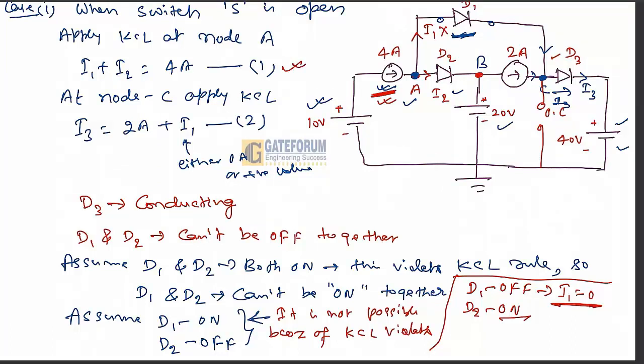So here in this case I1 is 0, it means I2 will be 4 ampere, and this is saying that D2 must be on. So what is it concluding for this case? D3 will be on and D1 is off.